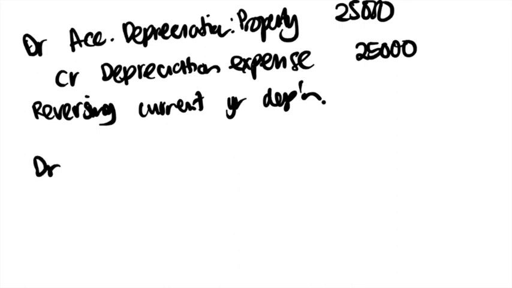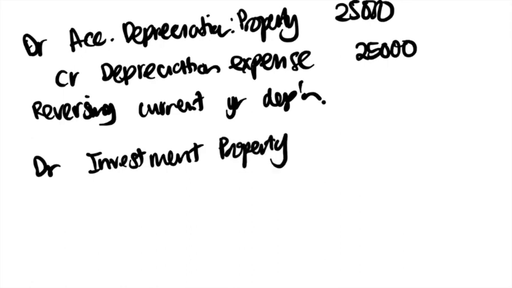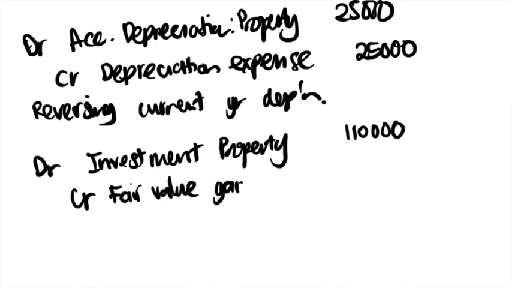So we're going to debit our investment property with 110,000, and we are going to credit our fair value gains in profit or loss with 110,000. So with that, we are now recognizing the correct fair value adjustment that we expect to see there.